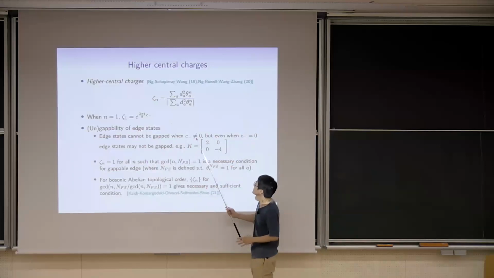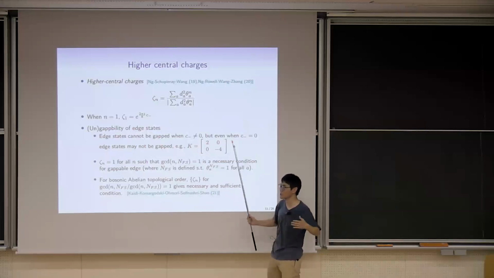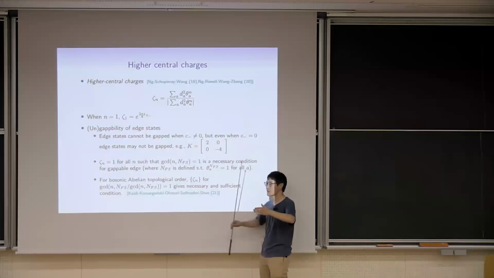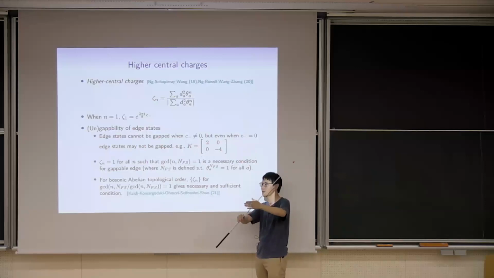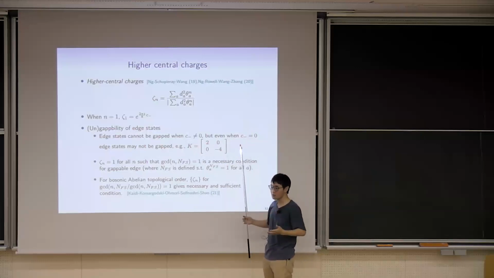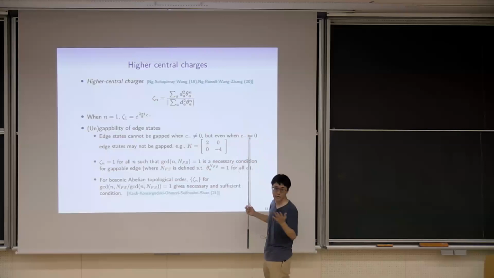For example, you could consider an edge of the nu equal 1/2 state, and you could also have the nu equal -1/4 edge, which is counter-propagating. At that level, just by looking at the direction of these propagating modes, you may think that we can gap out the edge state. But as it turns out, sometimes you cannot.